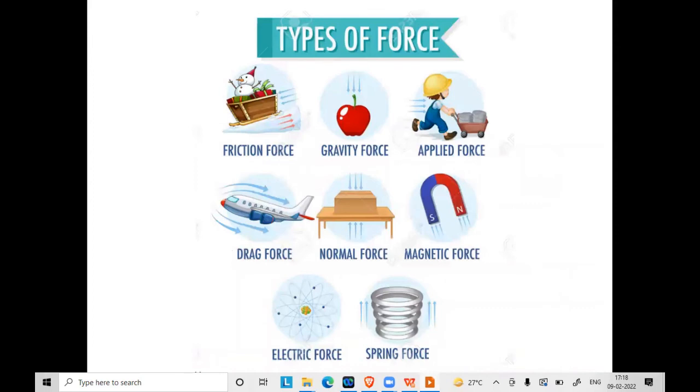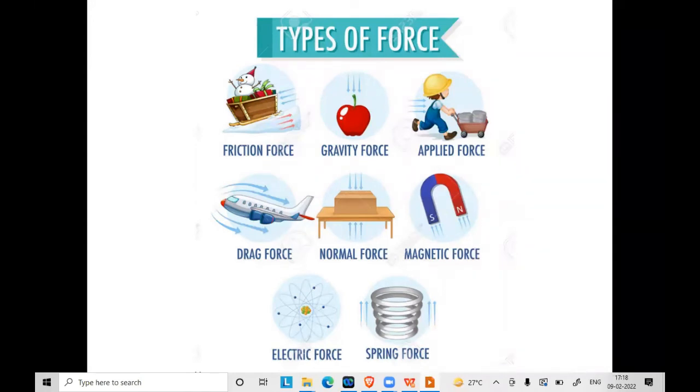And we deal with different kinds of forces in our daily lives: frictional force, gravitational force, the force which we mechanically apply on objects. Then there is a drag force which opposes the motion of any object moving through air.